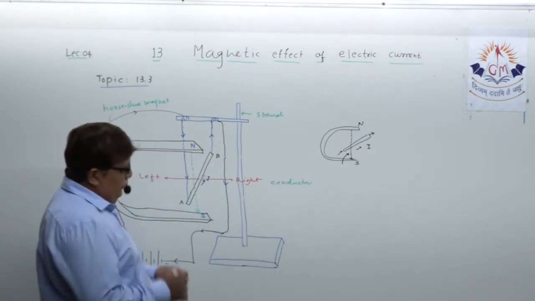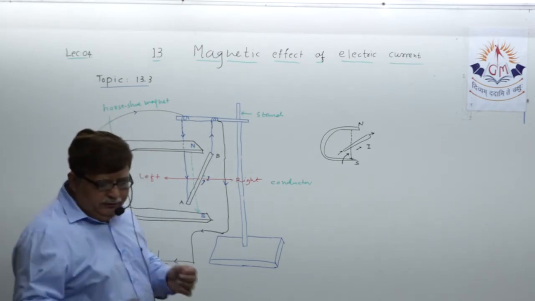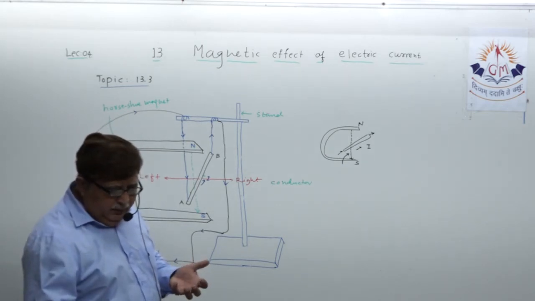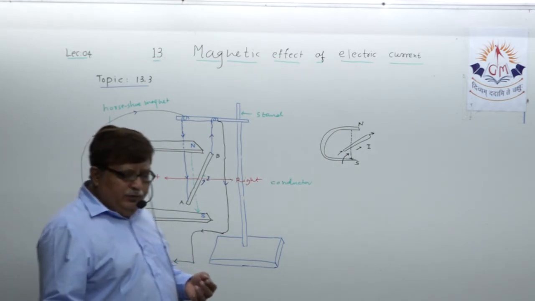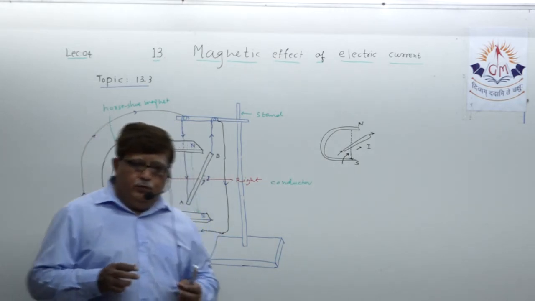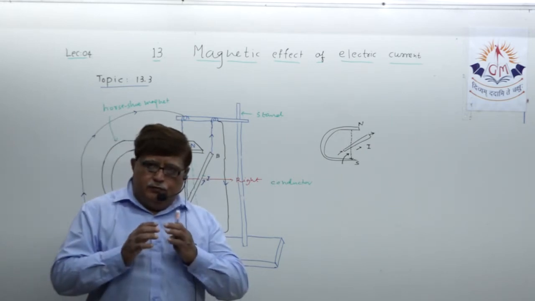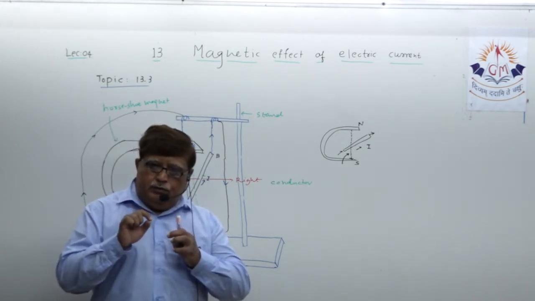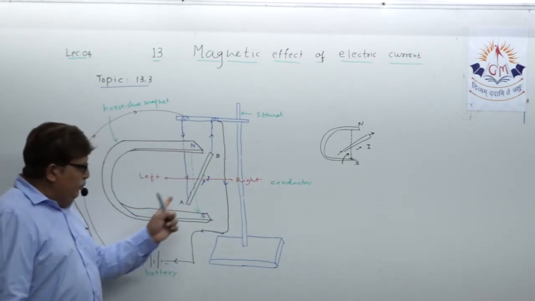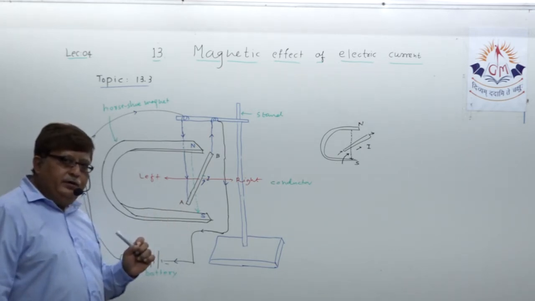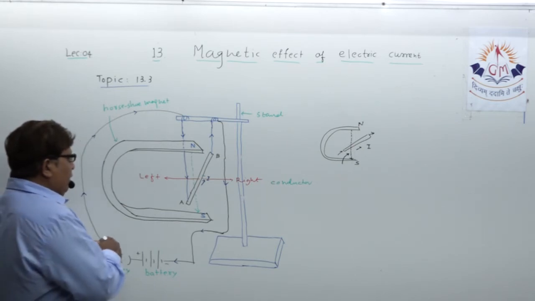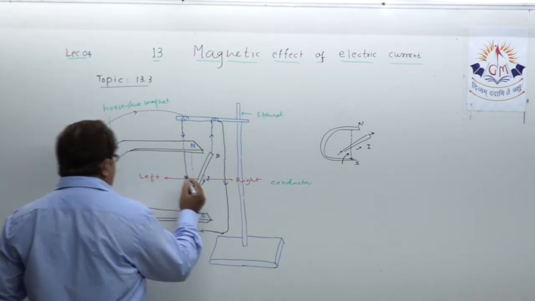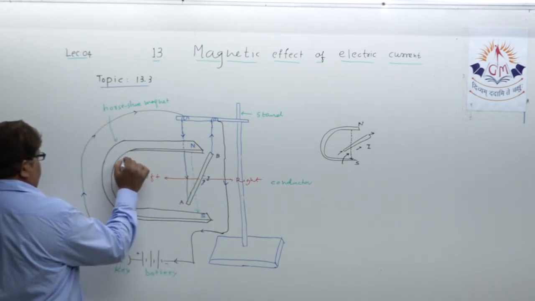So dear student, in both the cases, one thing is clear in our mind, that one particular type of force is going to act on the conductor placed in the magnetic field, and that force is called electromagnetic force. Understand?